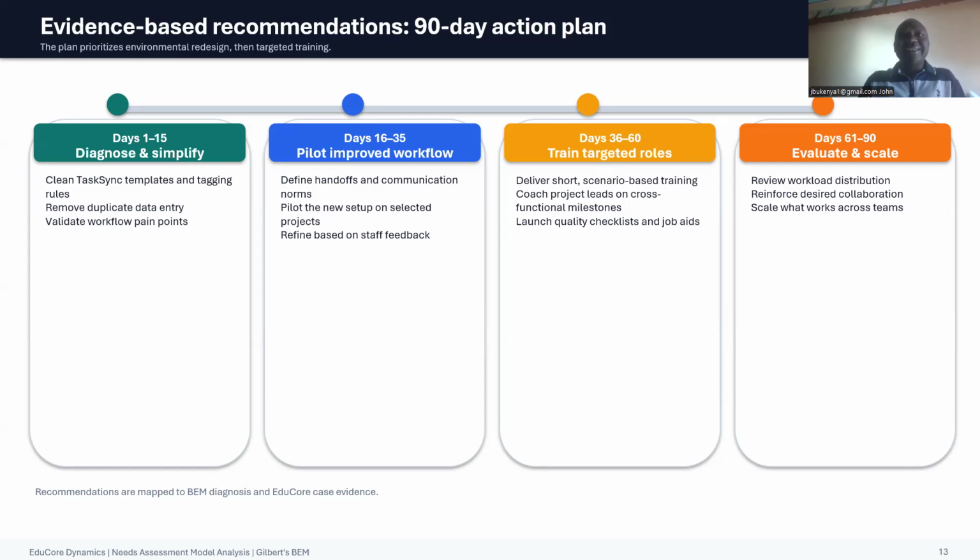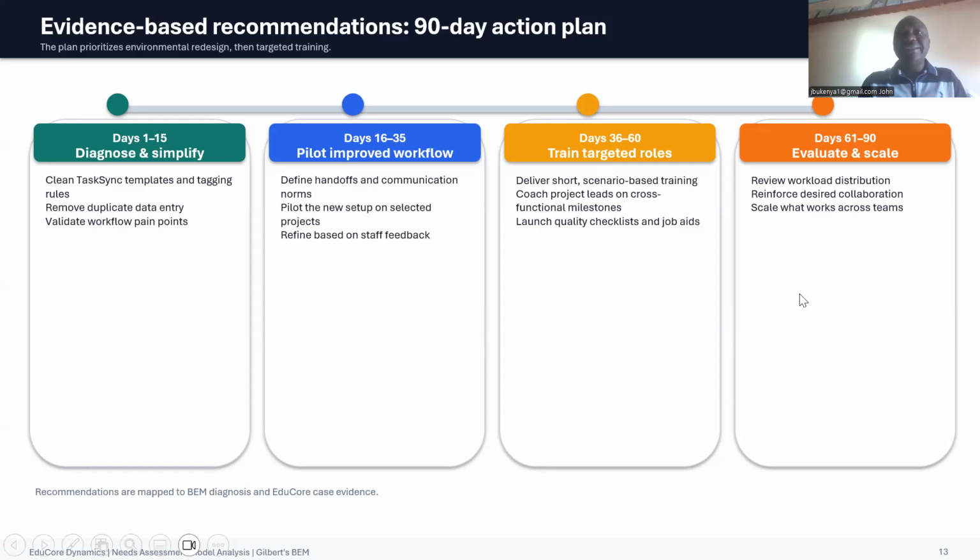During days 16 to 35, EduCore should pilot the improved workflow by defining handoffs, communication norms, escalation triggers, and role responsibilities. During days 36 to 60, EduCore should train targeted roles using short scenario-based training on the redesigned workflow and quality procedures.